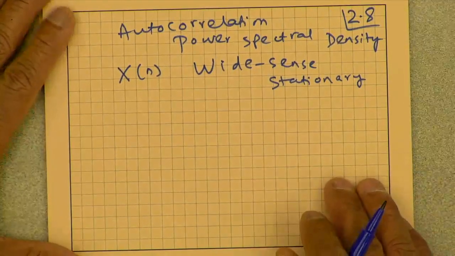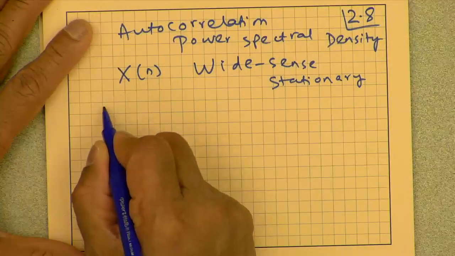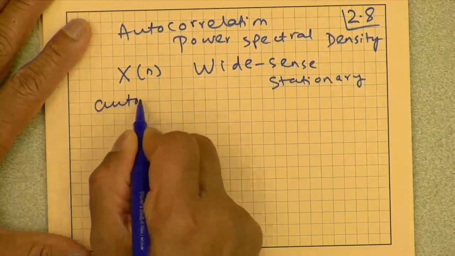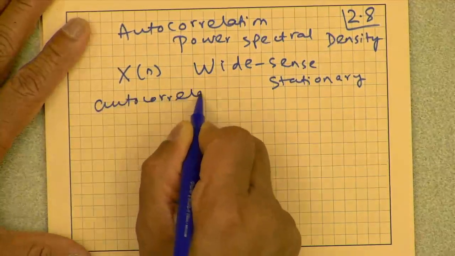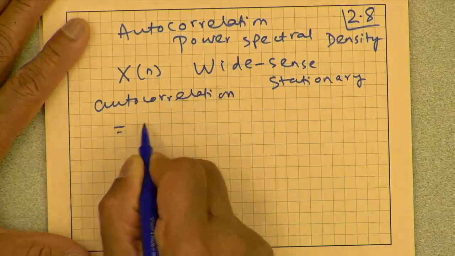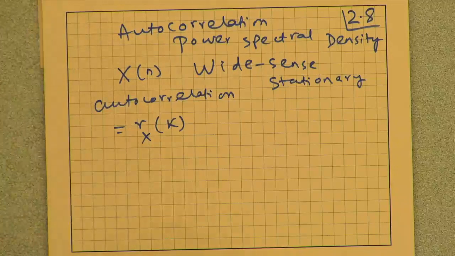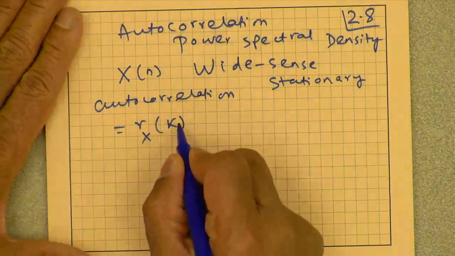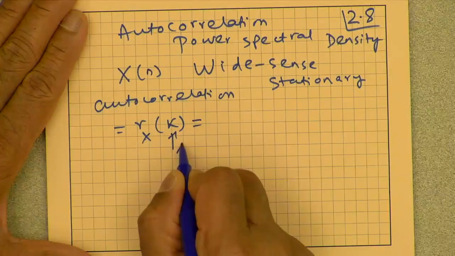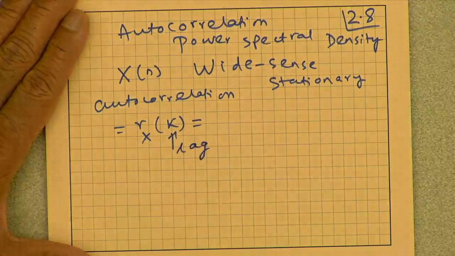So I can define the autocorrelation of the sequence, R_x of lag k. R is the autocorrelation of the signal x with lag k. This k is called the lag k.